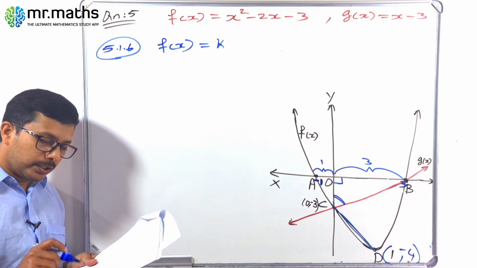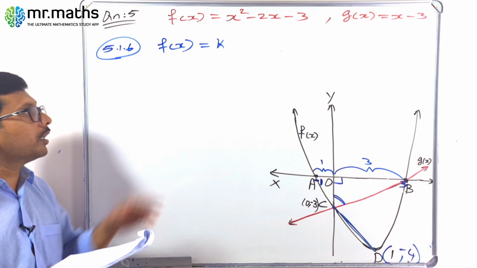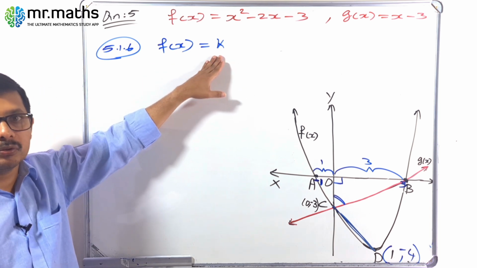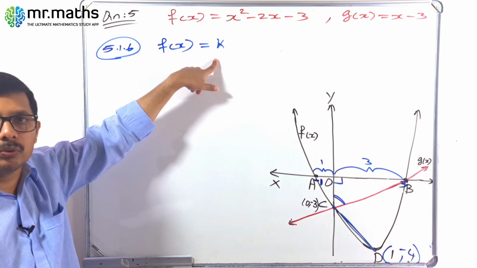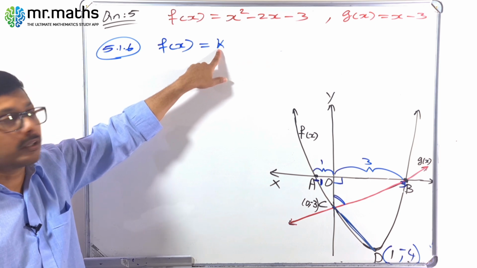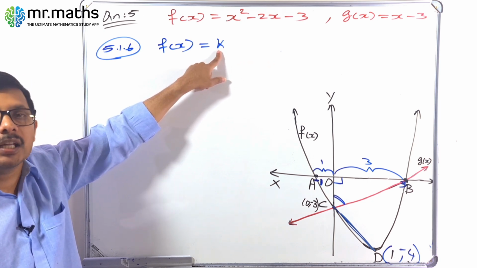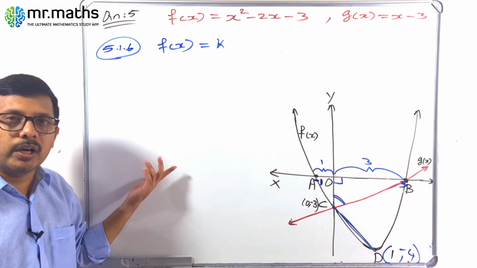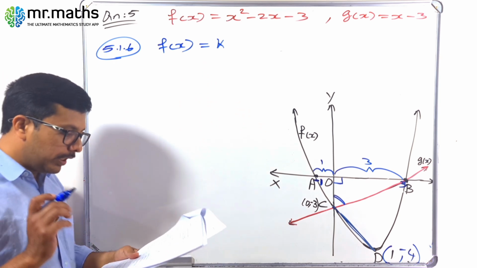Here it is written determine the values of k, for which f of x is equal to k. f of x we normally say as y, so y is equal to k. Even though the question is to determine the values of k, we can say that you are supposed to find the y values. So I'm going to read it like that now.